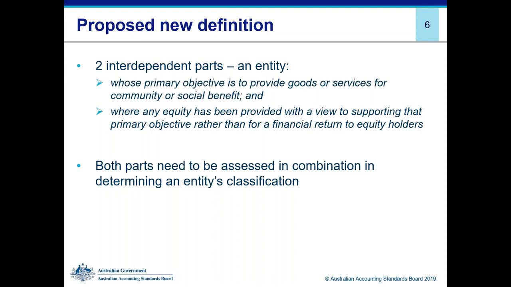But of course, there are going to be cases where it's possible to have conflicting assessments of primary objective and equity, and so a judgment is really going to be required. But the mere fact of having equity and identifiable equity holders is not sufficient to classify an entity as for-profit. So it's a matter of assessing all the circumstances in order to apply the definition.